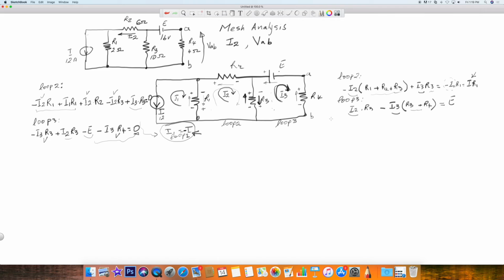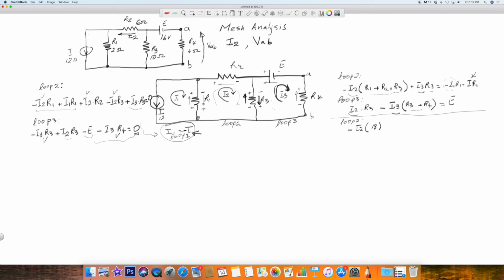So again, let me just draw a line here, and I'm going to do loop 2 again, and this one minus I2, and we're going to put some values right here. So what do we have? R1 is 2, R2 is 6, R3 is 10. So I'm thinking 18.